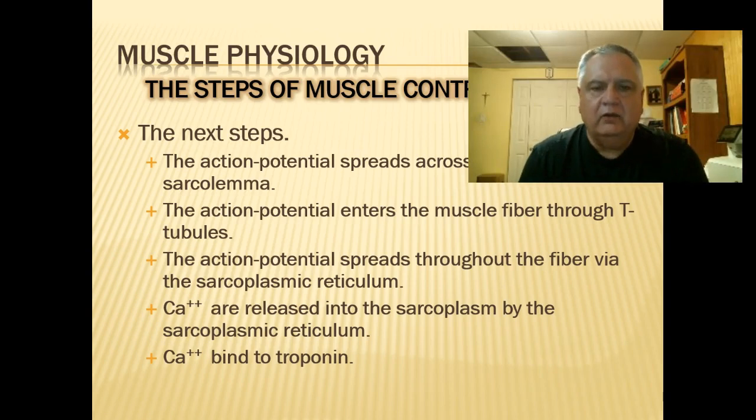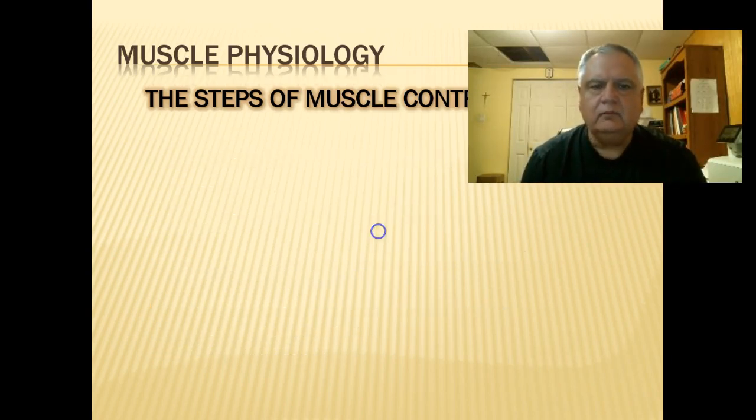Once the calcium ions leave the sarcoplasmic reticulum, they will immediately be picked up and bind to a special protein called troponin. If you're having trouble following this, that's okay. Stick with me here. We'll show you a diagram of all this as we go along.